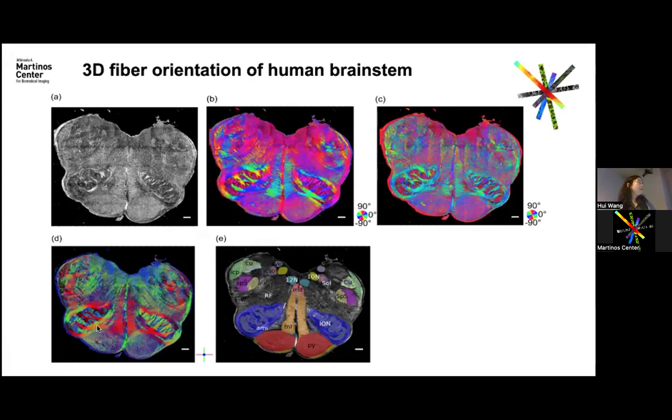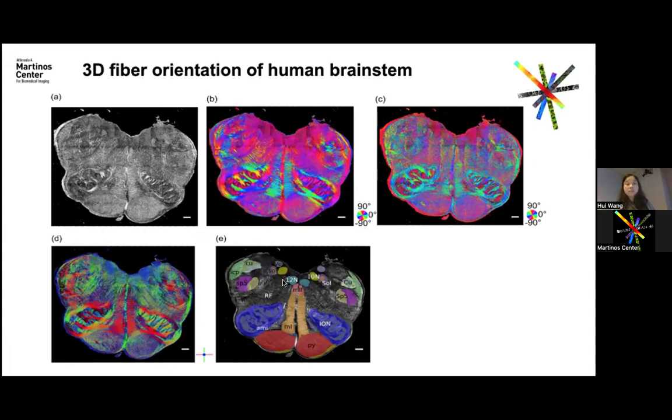And the last one is the 3D fiber orientation in the brainstem, where you see they group into several different groups, like part of the fibers going left and right, and part of the fibers going through the plane, that's the blue one. That's the axial direction connecting the brainstem to the spinal cord and to the majority part of the cerebrum.